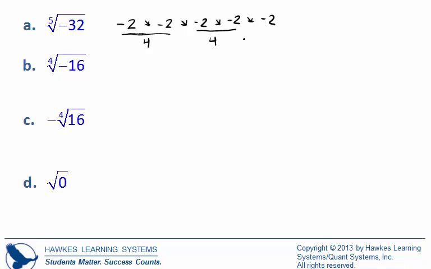These two give me positive 4, and then I have a negative 2. 4 times 4 is 16, times negative 2 gives me negative 32. And so since negative 2 times itself 5 times is equal to negative 32, our answer will be negative 2.